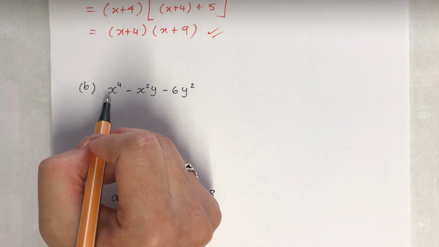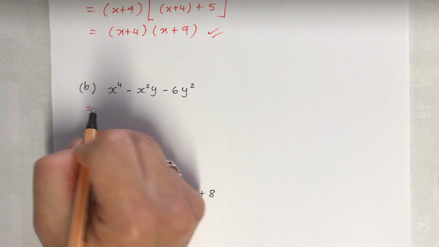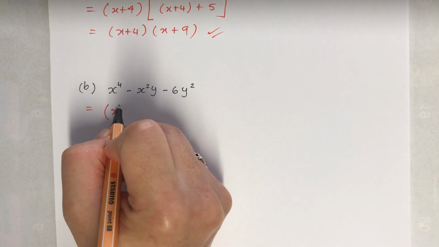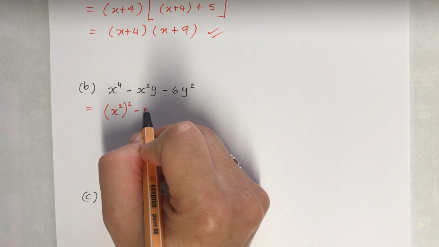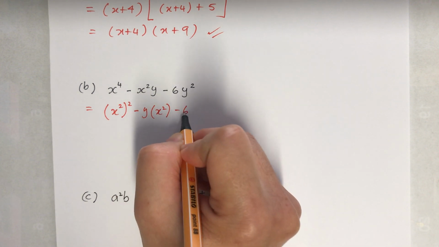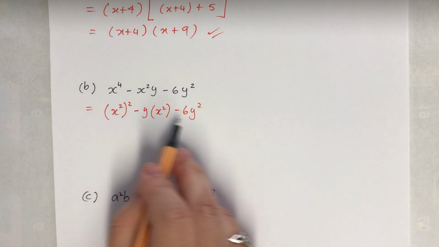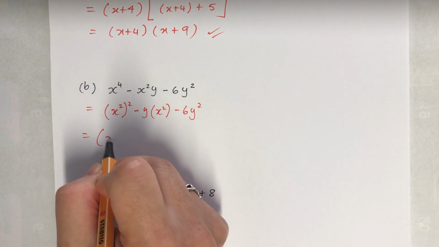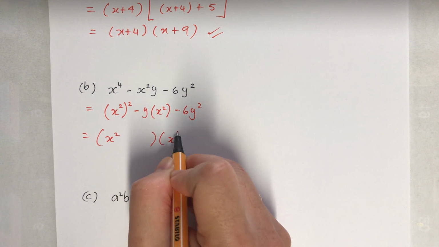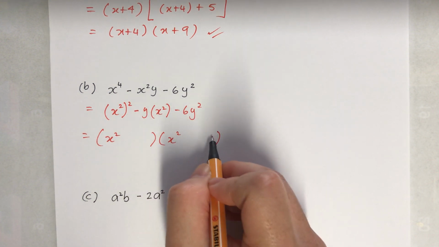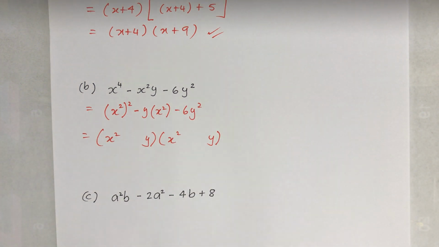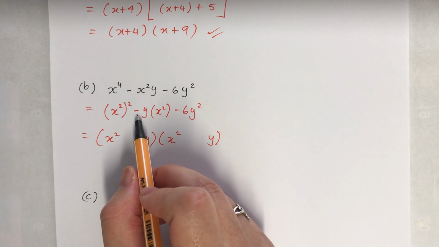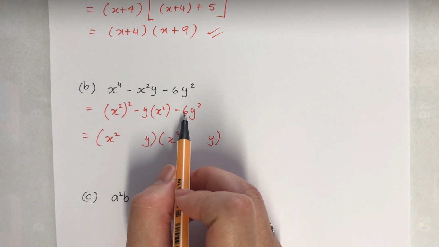Part B. You see that? Ooh, that looks quite good to me as a sort of quadratic. Because if I do this, it looks almost like a quadratic, isn't it? So I'm going to do, what are the factors? It's like a monic. Let's put y there so I won't forget. So factors of 6, that when you add it will be minus 1, and when you times it, minus 6.